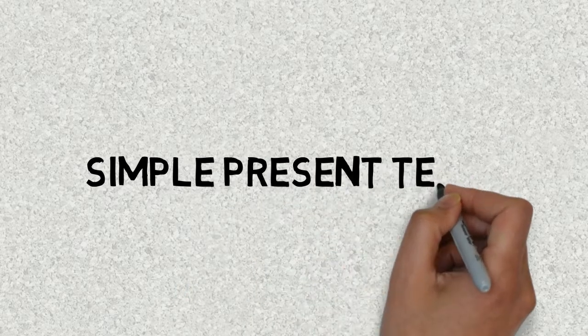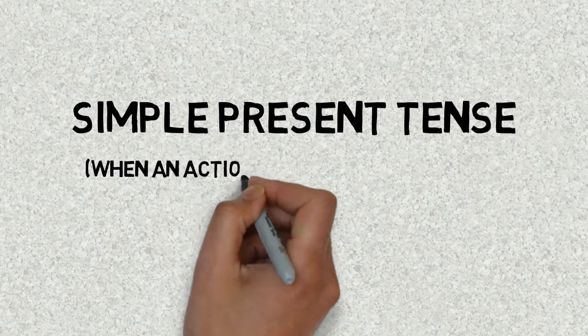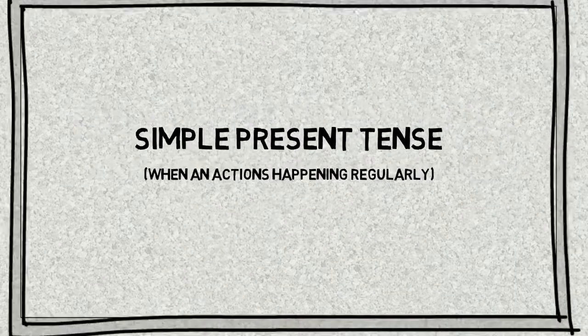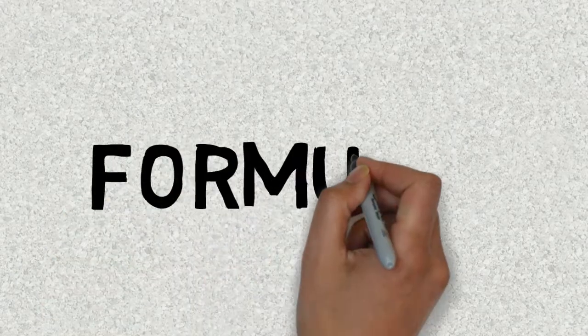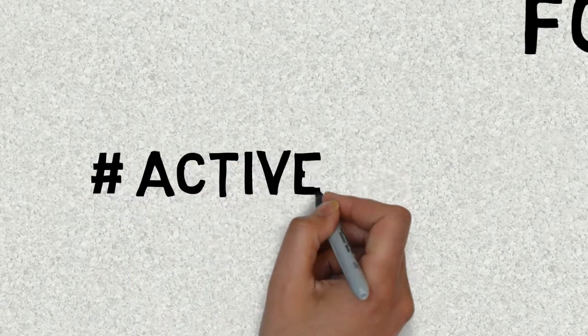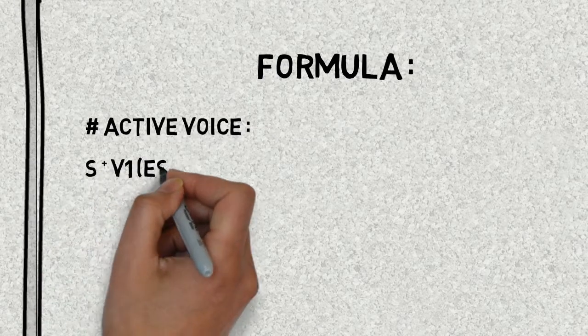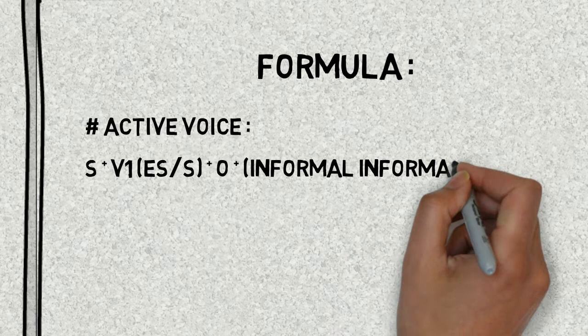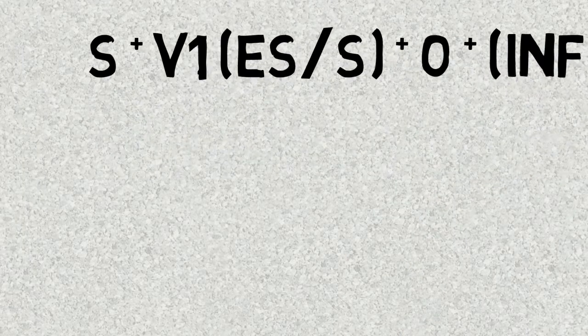Simple present tense. It is used when an action happens regularly. The formula for the simple present tense for the active voice is subject plus verb 1 es or s plus object plus informal information.